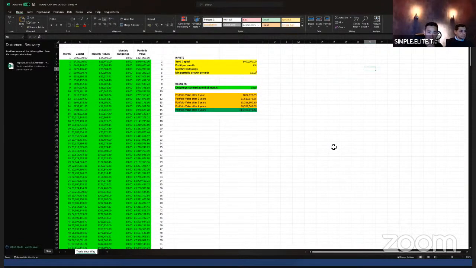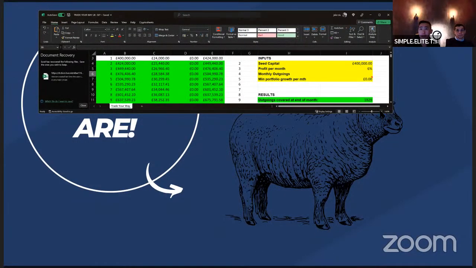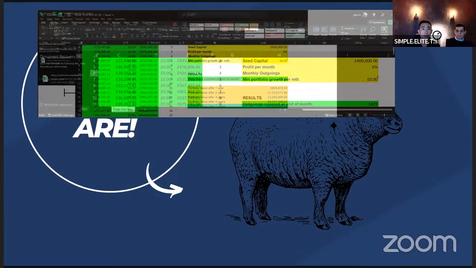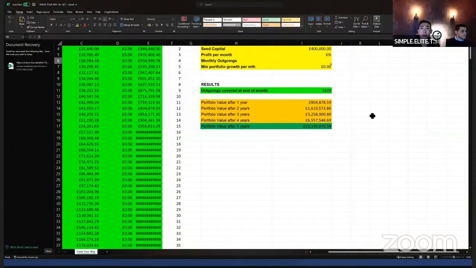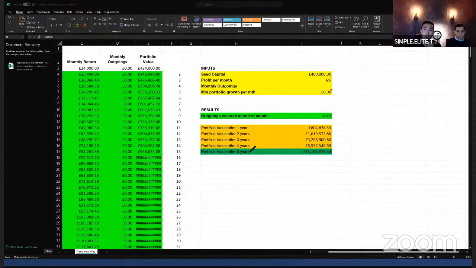If I have seed capital on this, let me try and make this writing bigger first. Should be clearer, right? So if I have £400,000 capital, let me get a pen. This is the account that I trade at the moment.